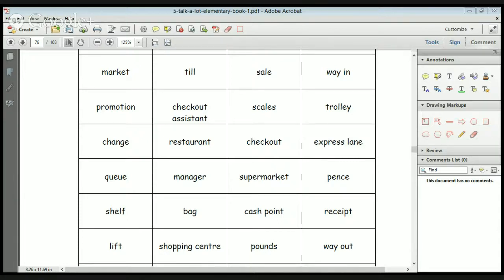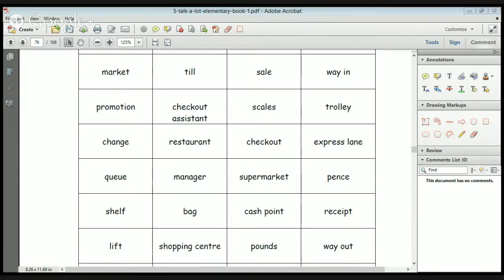Restaurant, check out. Express lane. Queue, manager.